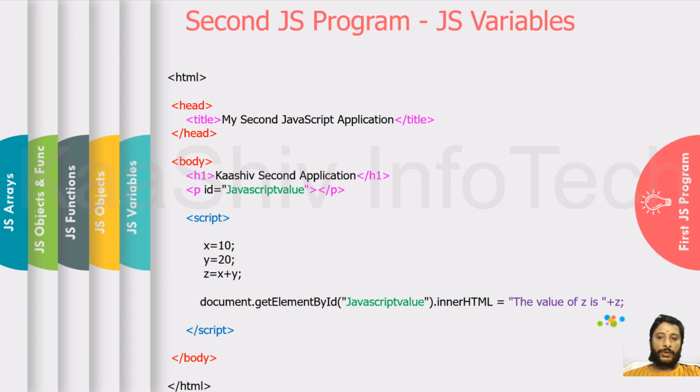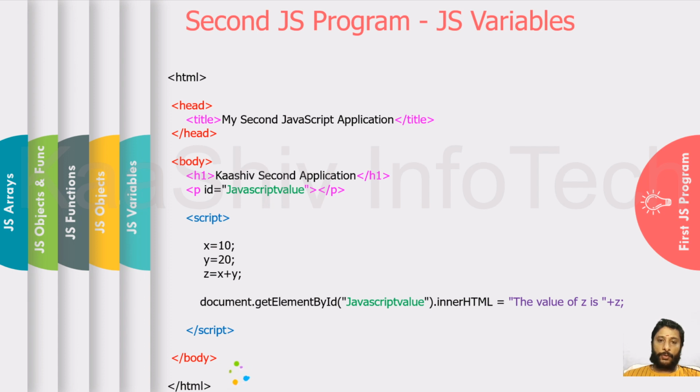And this value is getting loaded here. And it will search for the JavaScript value. And it will find the JavaScript value and load the data. How the program works. And now your closing script tag. And your closing body tag. And your closing HTML. Good. This is how the program works.